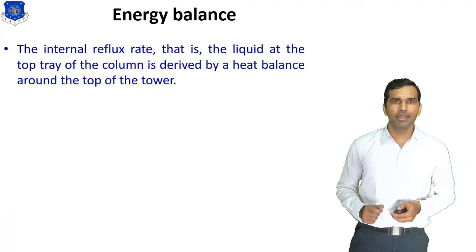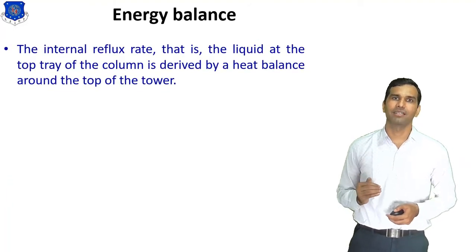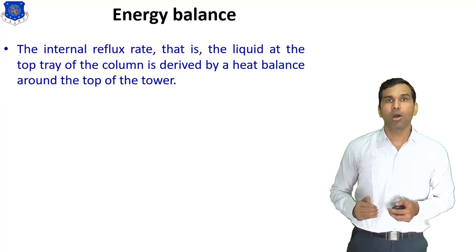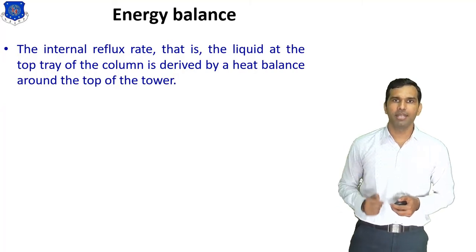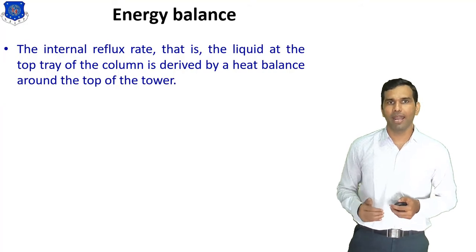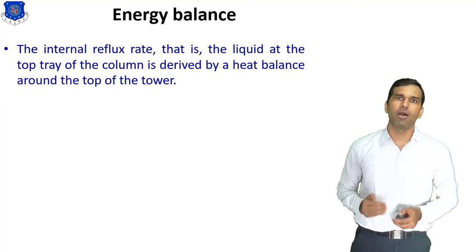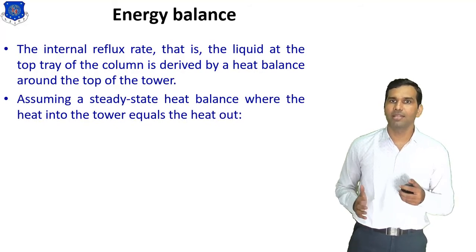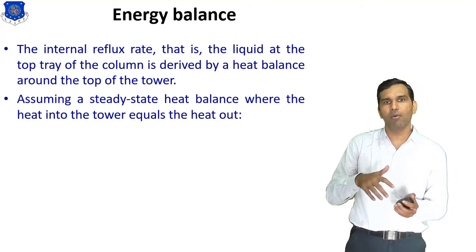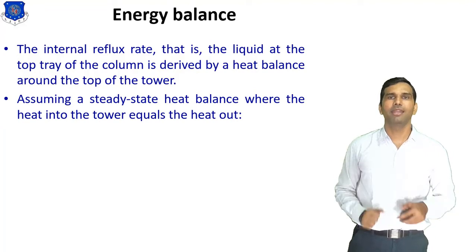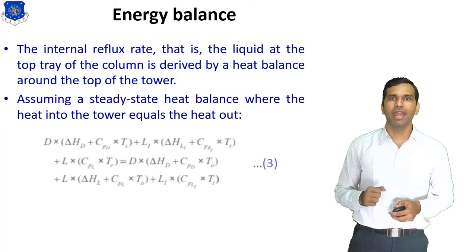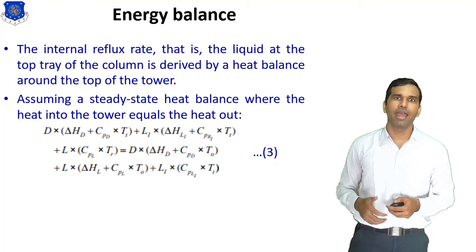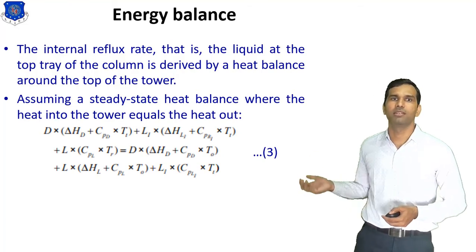Now the internal reflux rate, that is the liquid at the top tray of the column, is derived by the heat balance around the top of the tower. Assuming a steady state heat balance where the heat into the tower equals the heat out, we can write the energy balance using this equation.